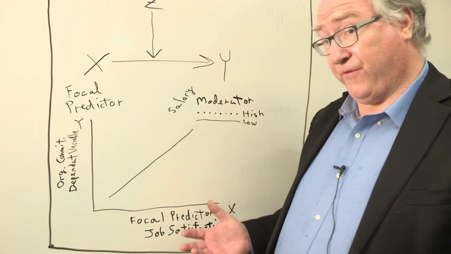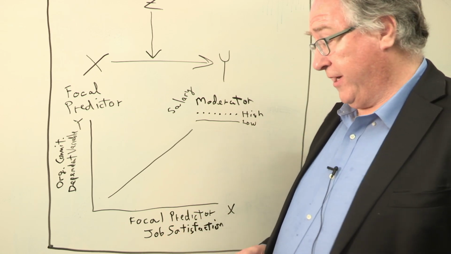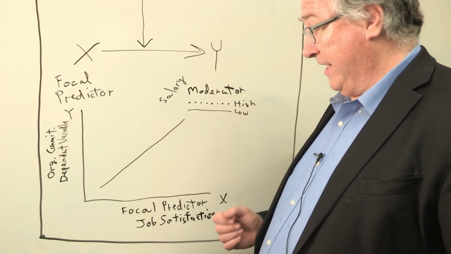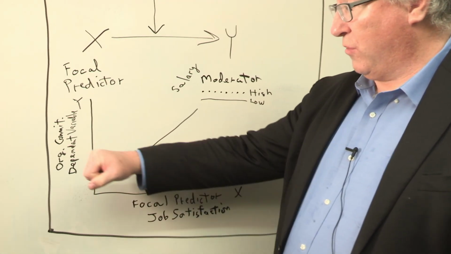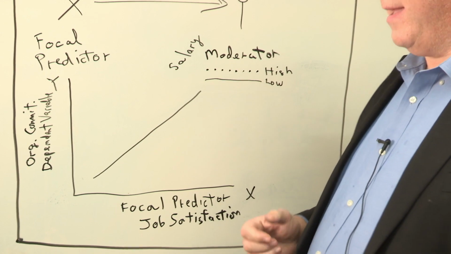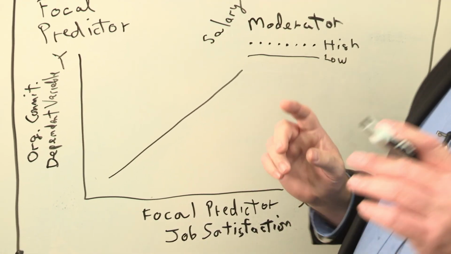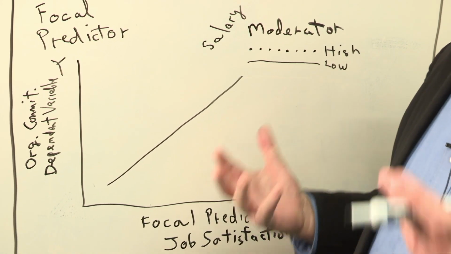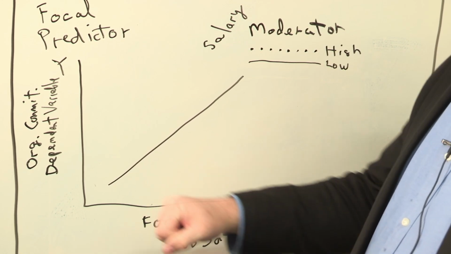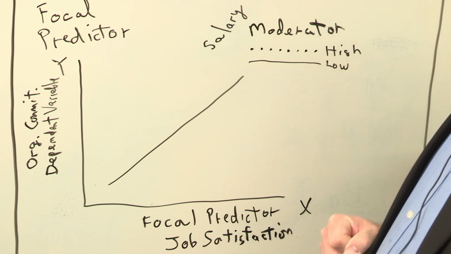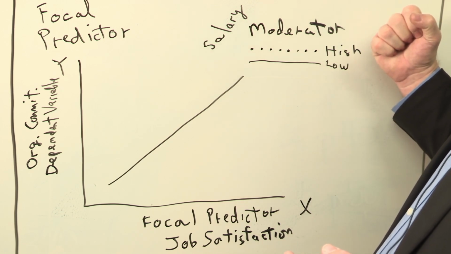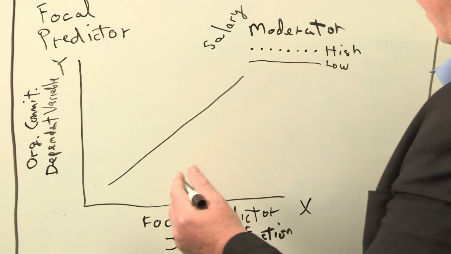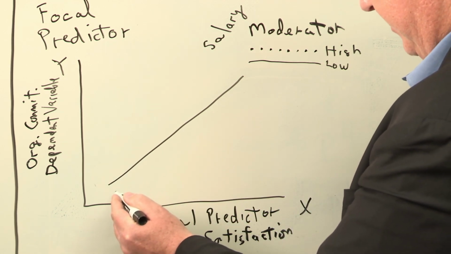That's saying that for people at a low salary, you have what may very well be a strong effect of job satisfaction on organizational commitment. But perhaps we see this different effect among employees at a high salary level, and it looks something like this.